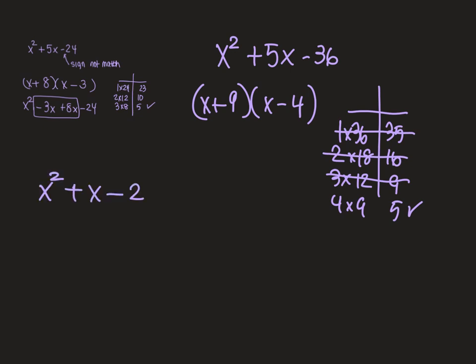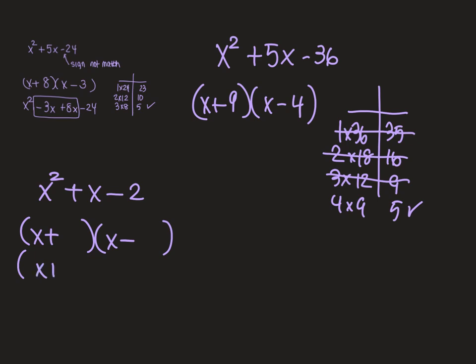All right, let's take a look at this guy. Signs don't match. We're going to be subtracting. Bigger factor's got to be positive. x plus something, x minus something. Have you figured it out yet? There's only one way to make 2: 2 times 1.